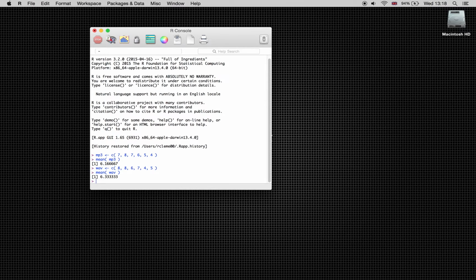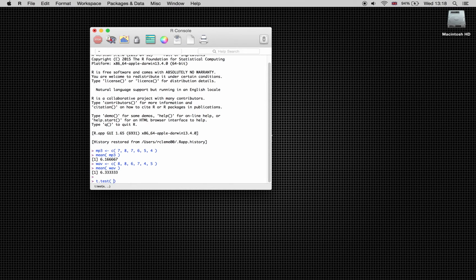What I'm going to do is use a t-test. A t-test is a type of statistical test which takes 2 lots of numbers and tries to see if on average they're different. I'm going to give it MP3 and WAV: t.test(MP3, WAV). You see it put the brackets in automatically. I'm going to say that my confidence level equals 0.95.